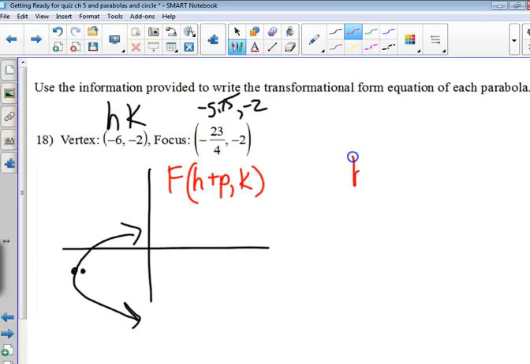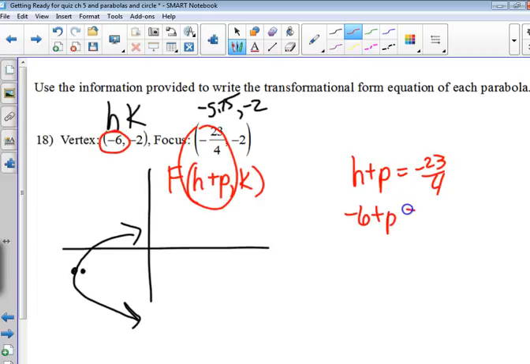All right, so H plus P equals negative 23/4, right? Right there. And what do I know H is already? So type negative 23 divided by 4 plus 6. P is a fourth or 0.25, I don't care which.